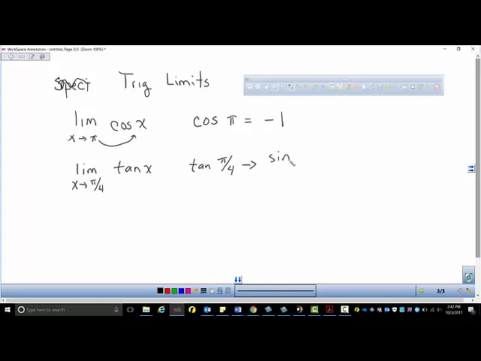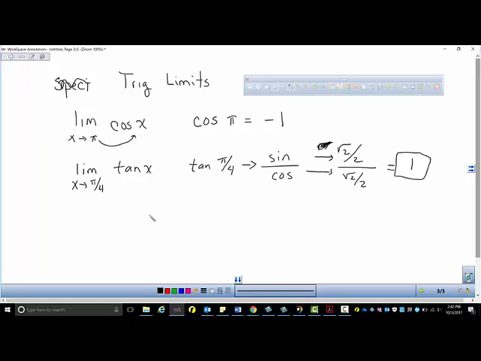I know that the sine at pi over 4 is the square root of 2 over 2, and the cosine is the same, square root of 2 over 2. So therefore my tangent is 1. Now I could have got that with my calculator as well, but I like to keep using the unit circle values just to make you guys think a little bit about unit circle values.